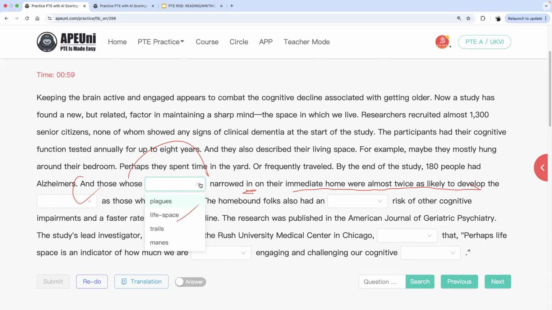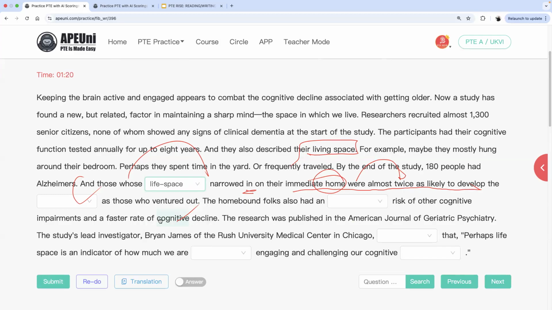Why? Because they're talking about home. Were almost twice. Now they've narrowed, maybe small. I don't know, I'm guessing. Oh, yeah, I found the answer. Okay, again, maybe I just guessed it.